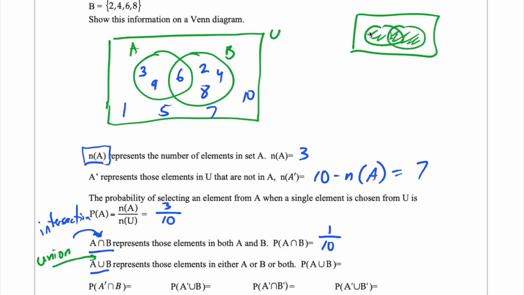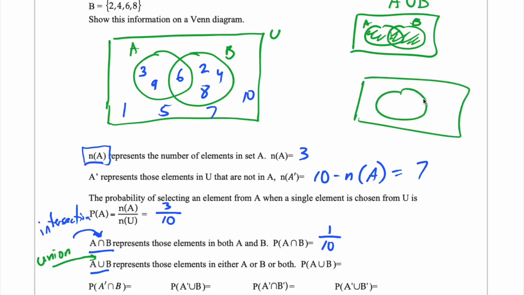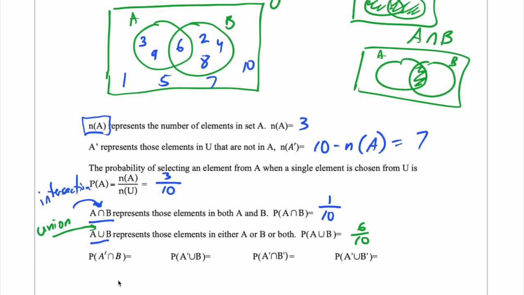If you're looking at all the elements in both A and B, that's A union B. And this is the intersection A and B. So the union is all the elements in all of these, including the overlap. 1, 2, 3, 4, 5, 6. So that's 6/10.